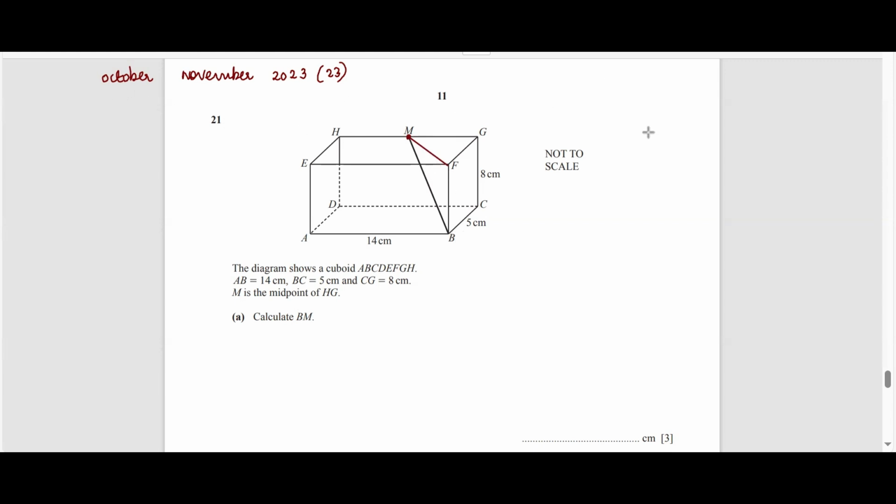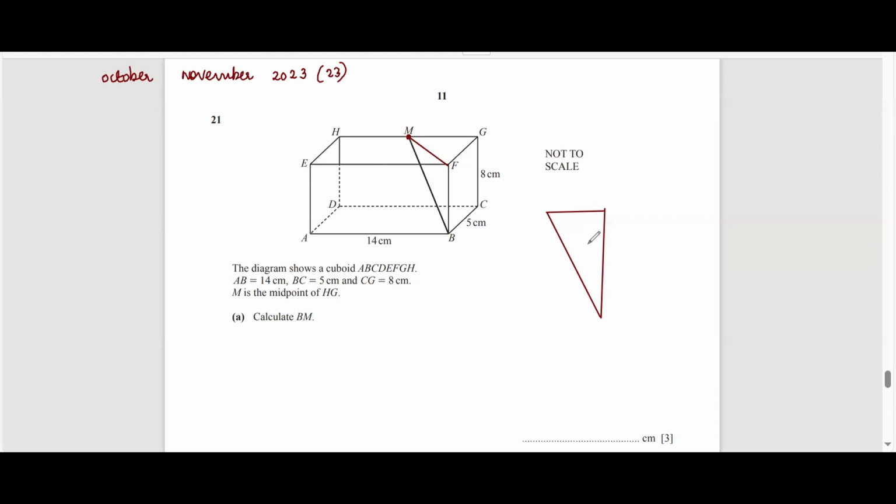So we'll just draw this triangle BFM outside. I'm just trying to make it a normal right triangle.